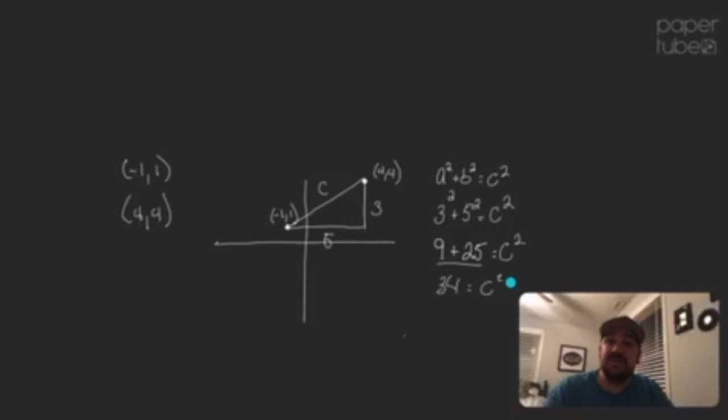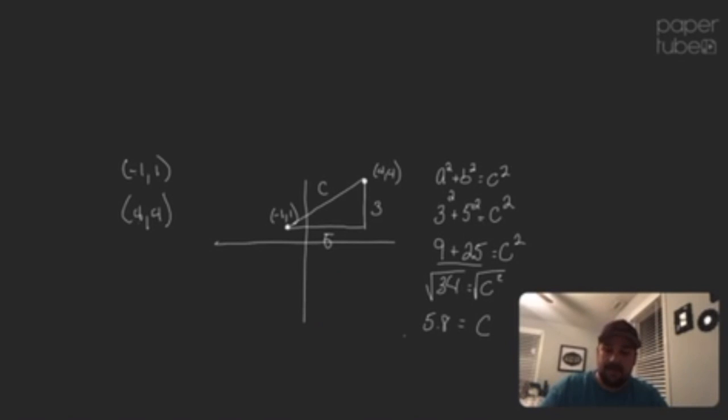And then I take the square root of both sides. The square root of C squared is just C. And the square root of 34 is about 5.8. We would take the square root and then we could round it. I know 34 is really close to 36, so I know I'm going to be around 5.8, 5.9 for my answer. Okay, that's the first type of problem.